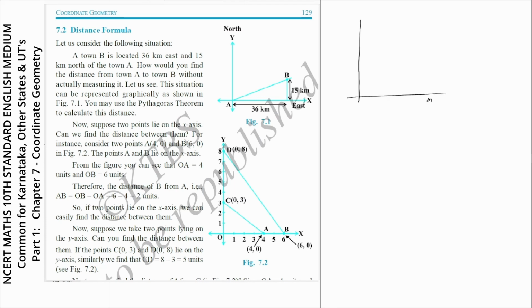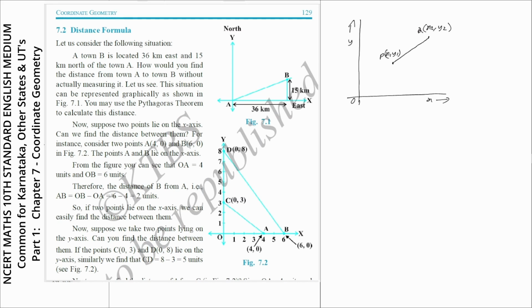This is the x axis and this is the y axis. This is the origin O. Now consider one point P whose coordinates are x1, y1. Now consider another point Q whose coordinates are x2, y2. Now what is the distance between P and Q?